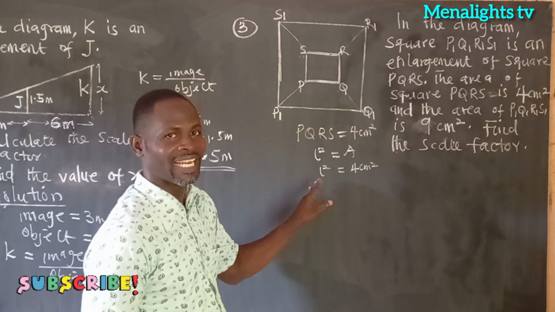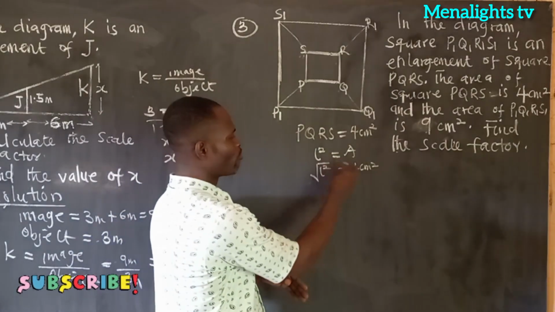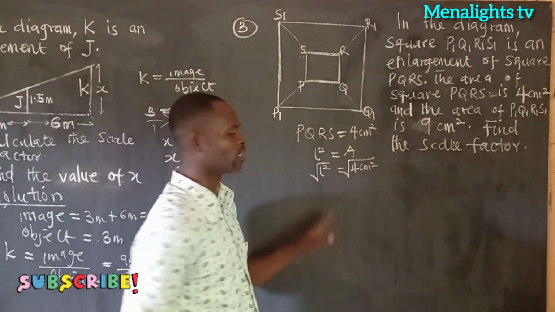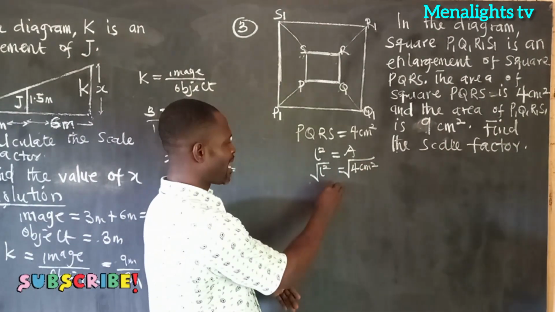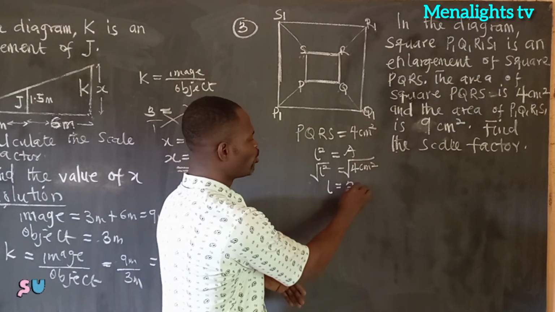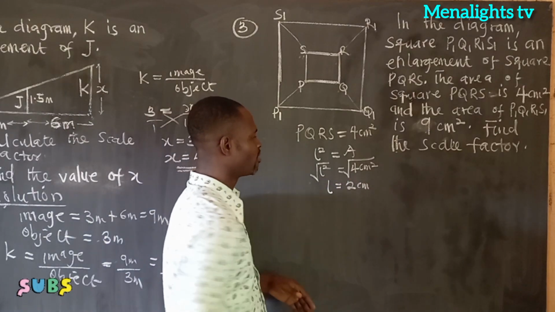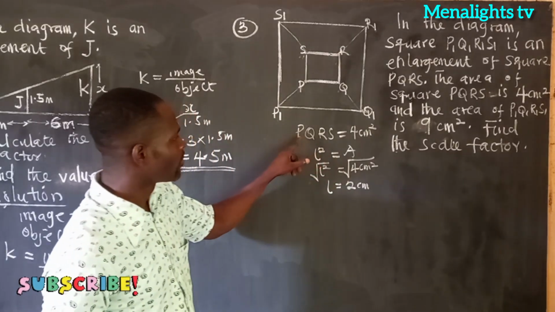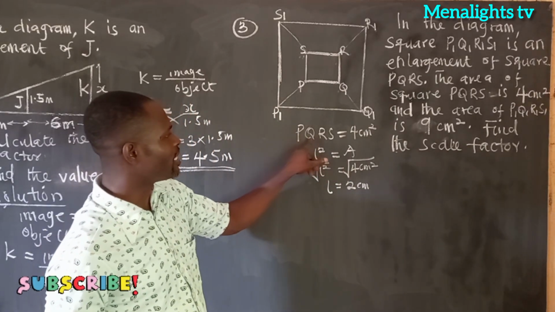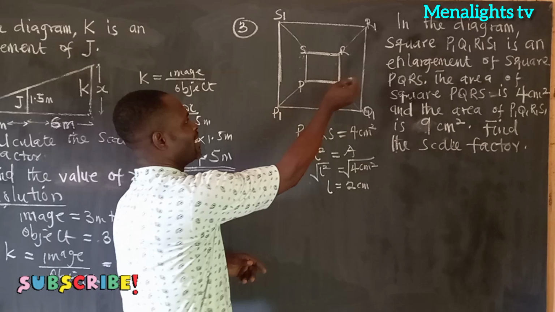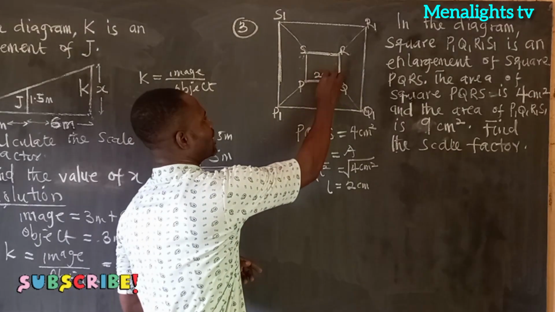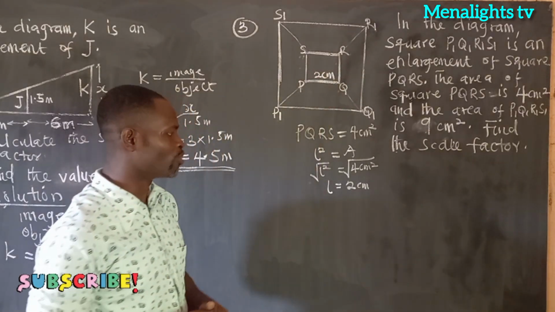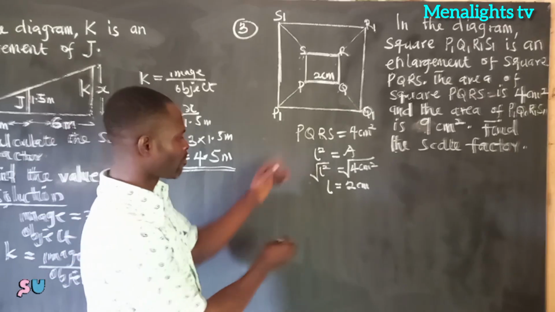So we need to find the square root of both sides, which means our length is 2 centimeters. That is for the square PQRX. So the small one, the length is 2 centimeters.